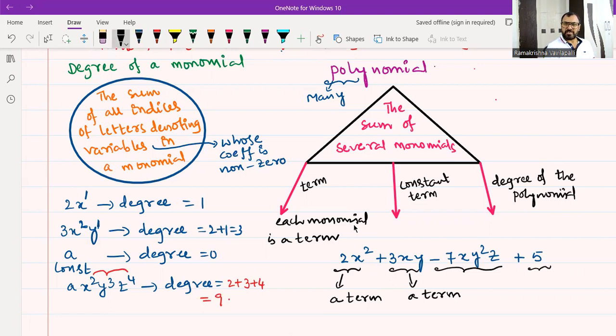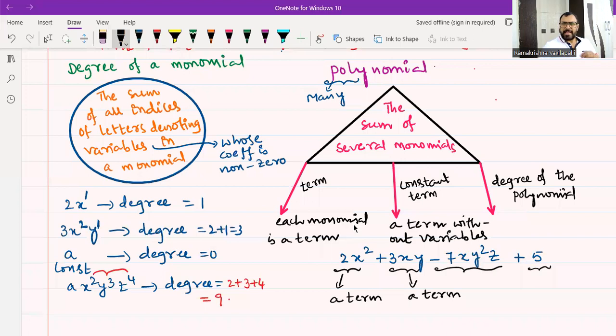So what is a constant term? A term without variable. A term without variables.